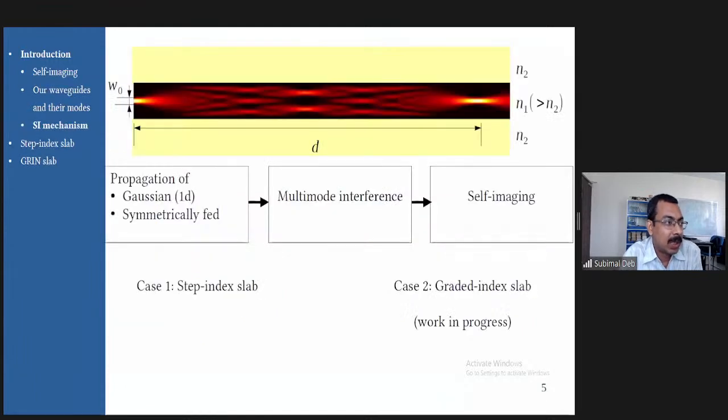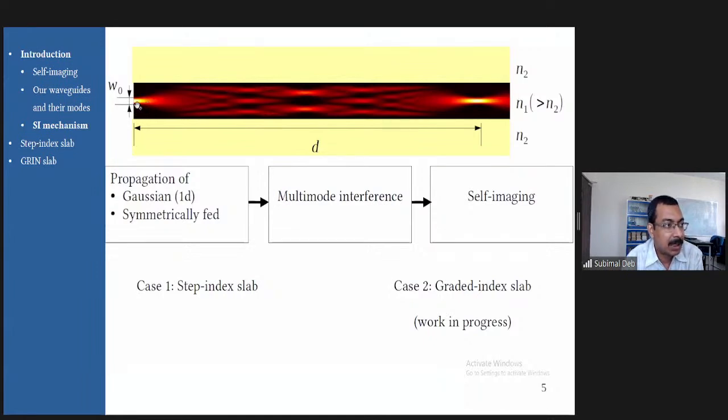So let us quickly review the self-imaging mechanism that is going to take place in the waveguide. You have the Gaussian beam that will be injected from the left end into the waveguide. The Gaussian beam would be characterized by a quantity W0, that's a measure of the width of the beam.